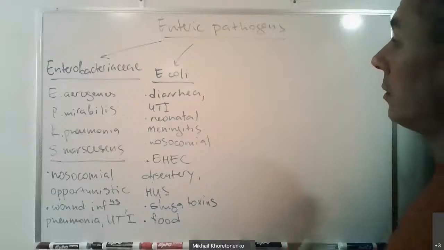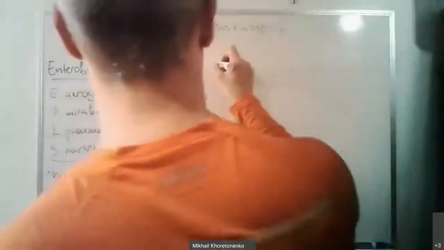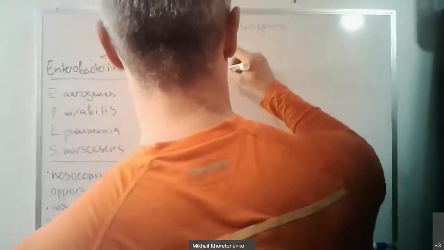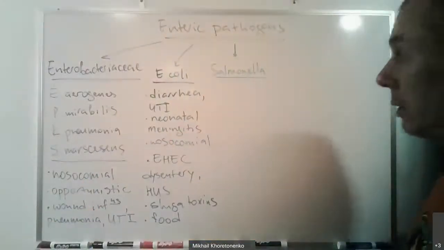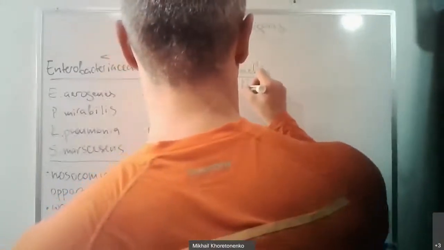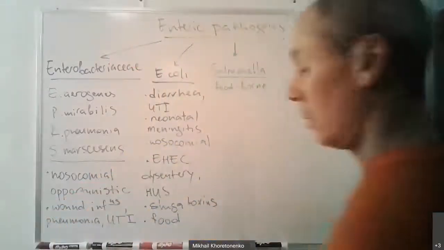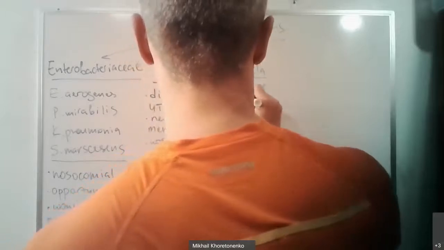Now let's talk about some more virulent microorganisms. We're going to start with Salmonella. Salmonella is a foodborne infection which is essentially a zoonosis. It is acquired from animals.